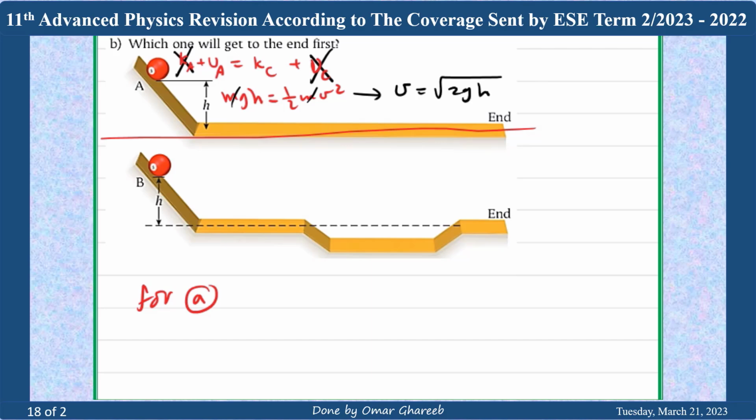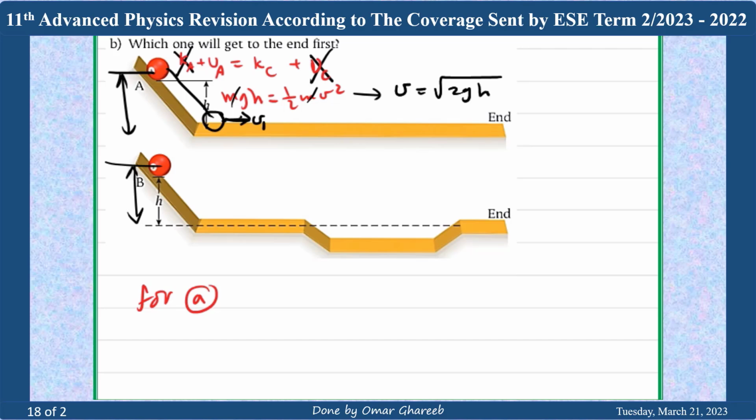Now go back to the two tracks. The height of A is the same as the height of B. So when the object is going down until it reaches here, I will name the velocity V1.